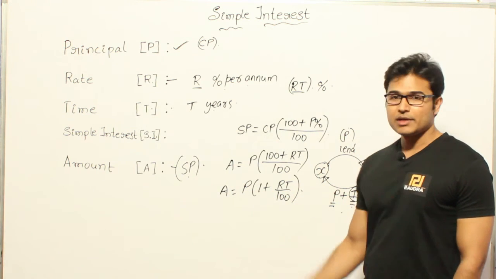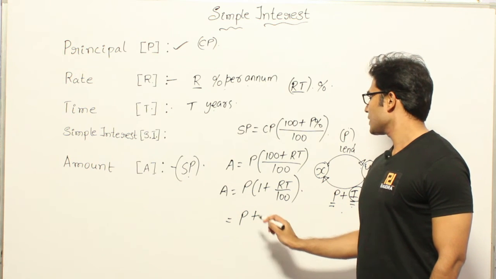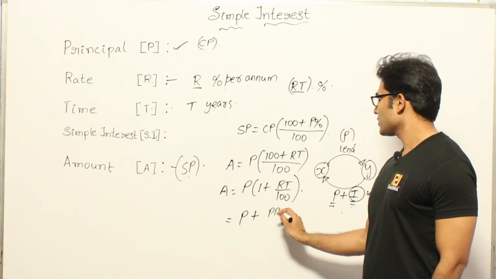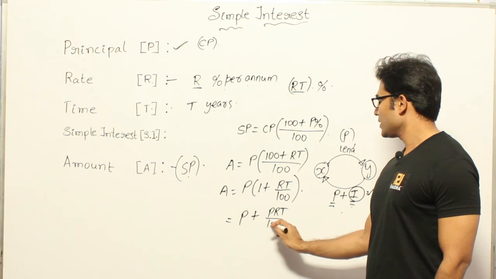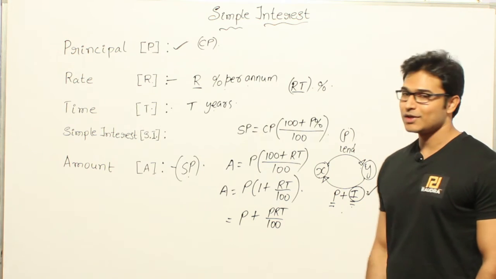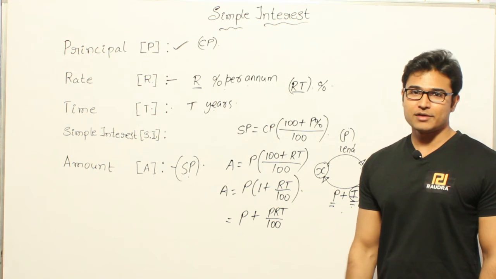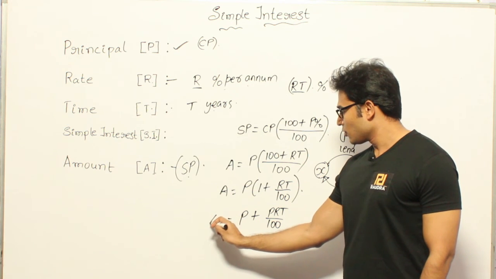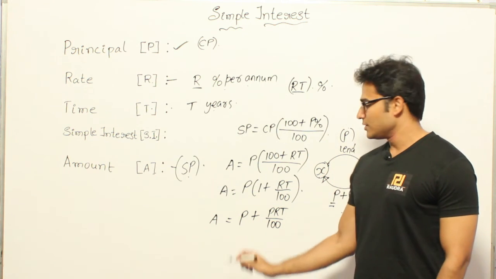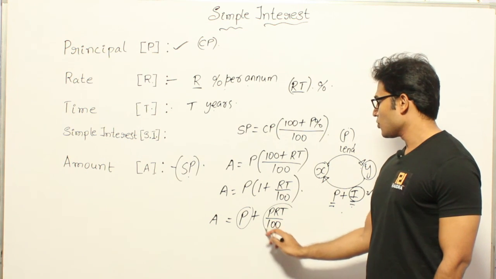Then what is the simple interest in that? Just expand it. It is equal to P plus PRT by 100, or some people will say PTR. PTR is the normal one, we have been using that formula for a long time. You can write it as PTR by 100. Now if you see this, the total amount you got back is equal to your initial principal that you have invested plus something more, right?